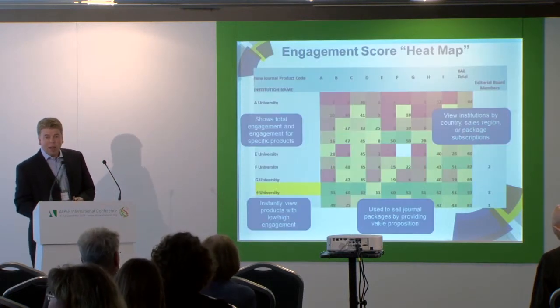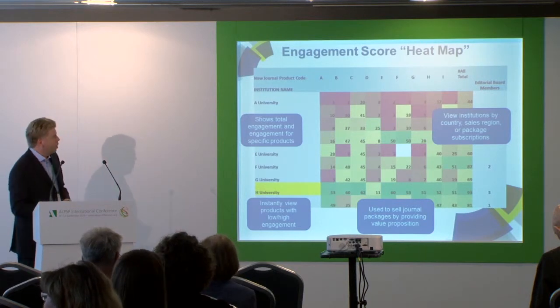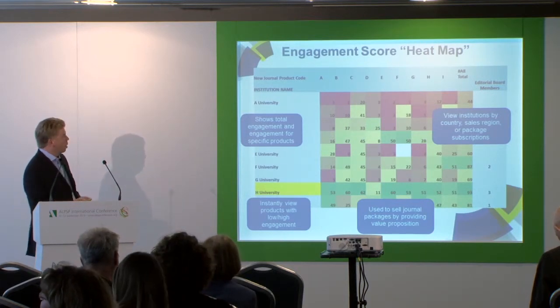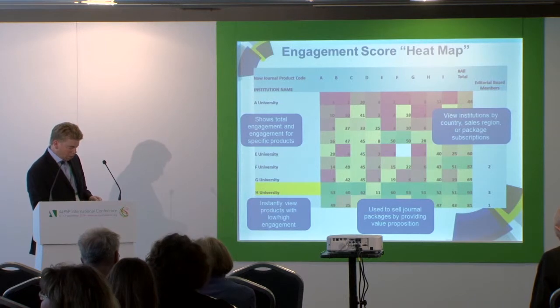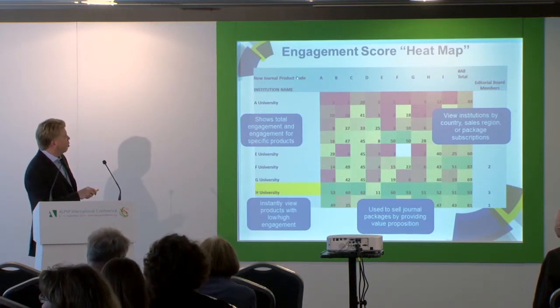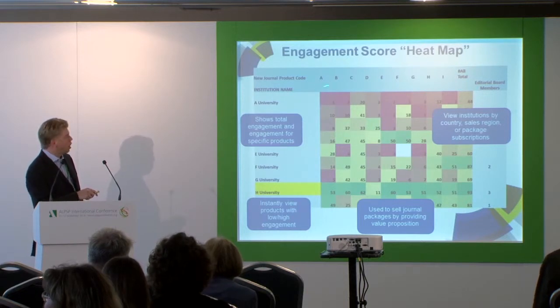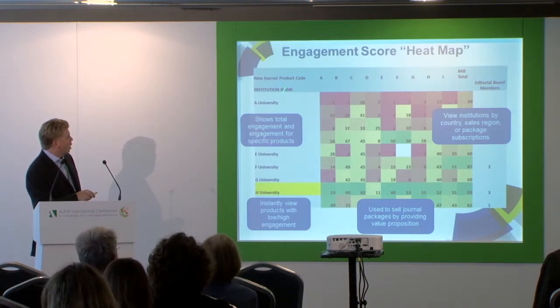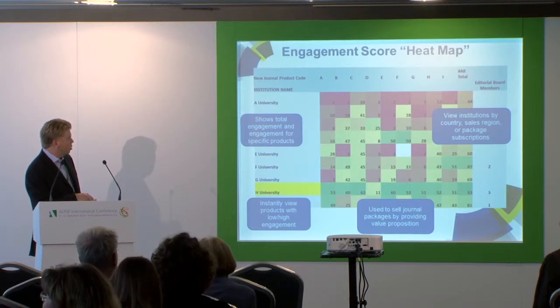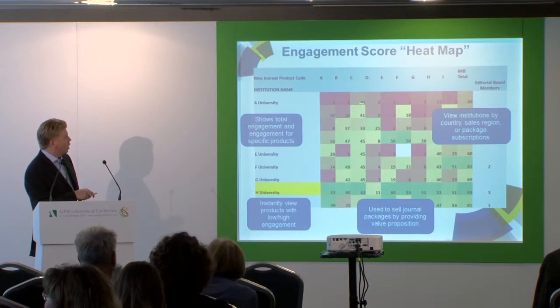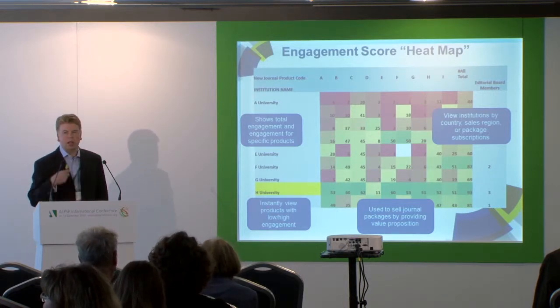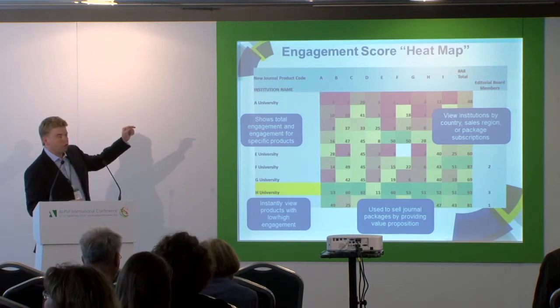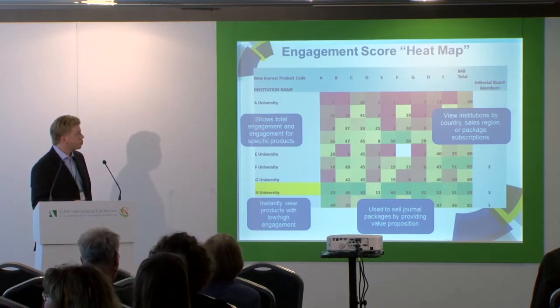I hope you can see this at the back. There's quite a lot of information on here, but this is a heat map showing along the top. I've got my pointer. Along the top here is a series of our journal products labelled A to I. Down the left here is a series of universities, A to H on here, and we've got various scorings in here that relate to our engagement with that institution with a given product.